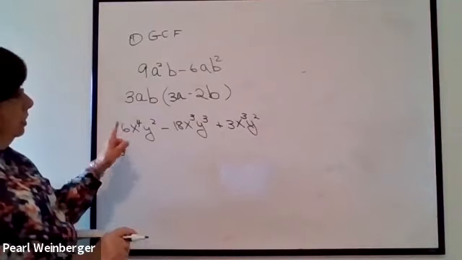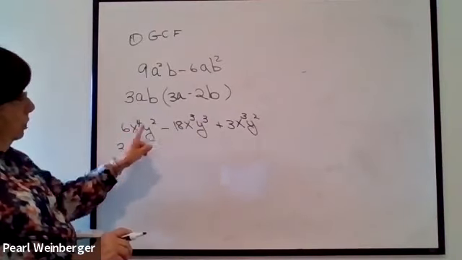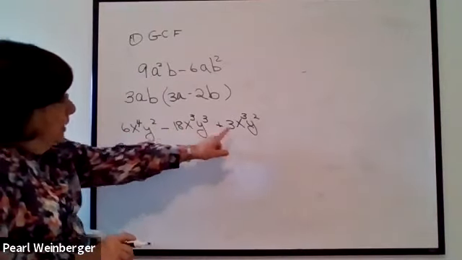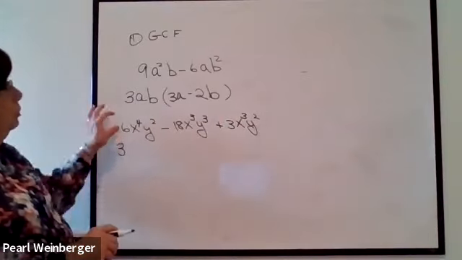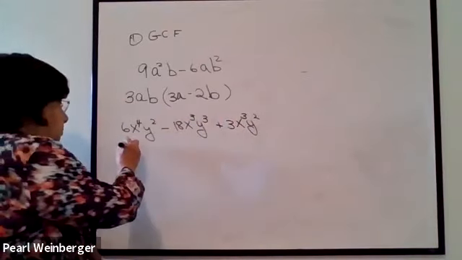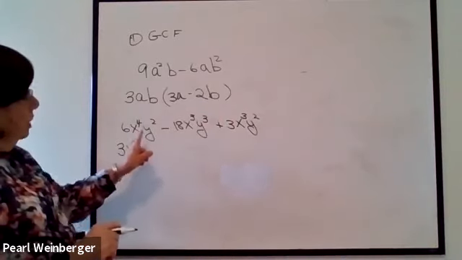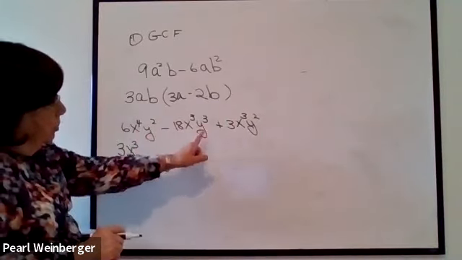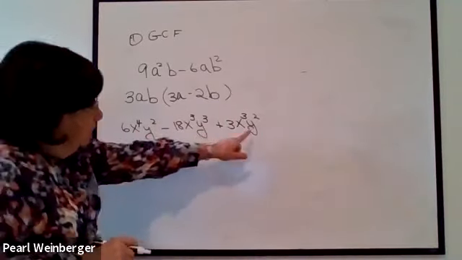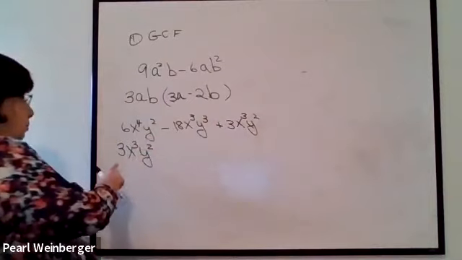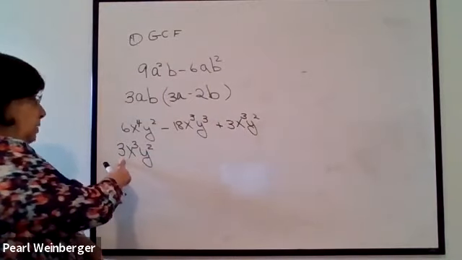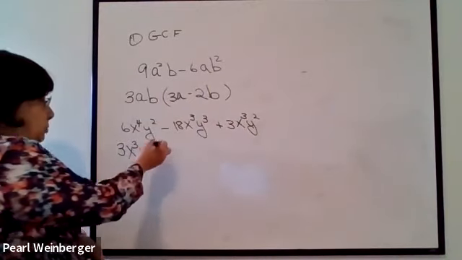Then I go to the variables, x fourth, x third, x third. The lowest one is x third, so I'm going to put that down. Then I go to the y's, y squared, y third, y squared. The lowest one on there is the y squared. So my greatest common factor is 3x cubed y squared.